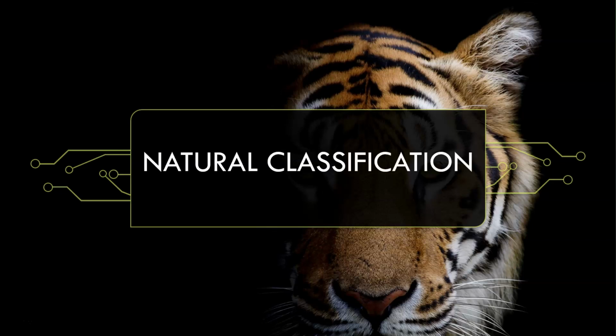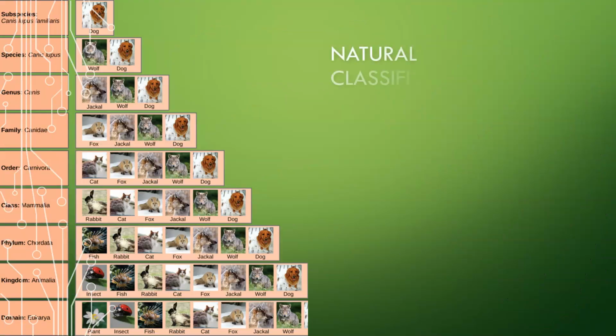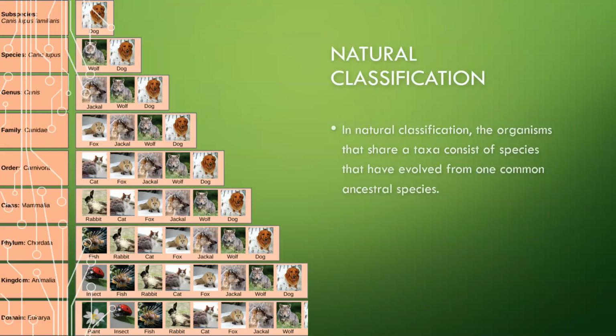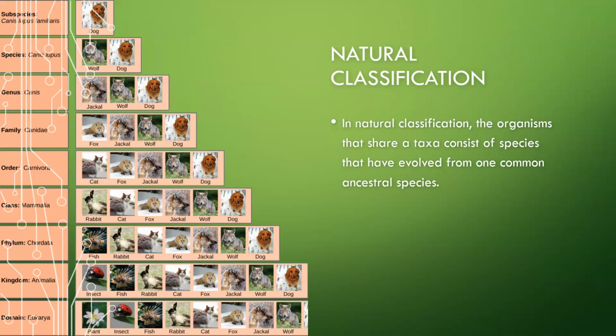So before we move on to looking more at animals and plants, we're just going to have a further look at this understanding of natural classification. With natural classification, we're looking at where organisms share a taxon. So basically, you've got species that have evolved from ancestral species.